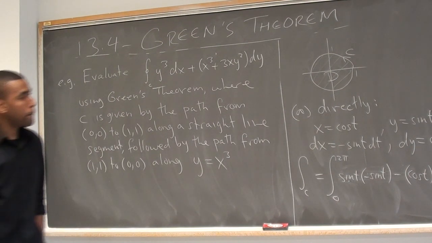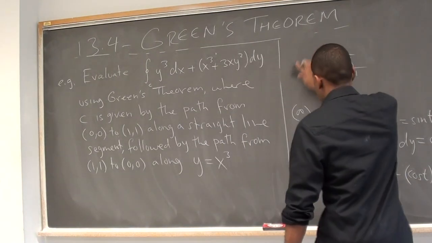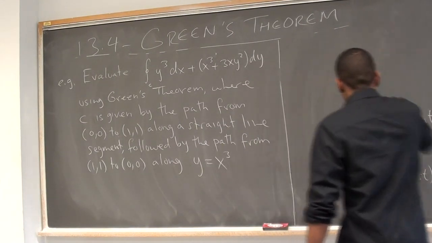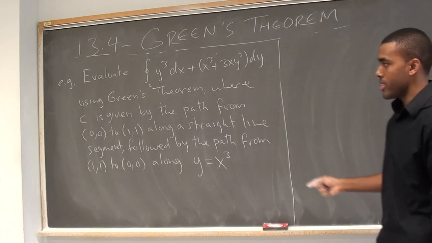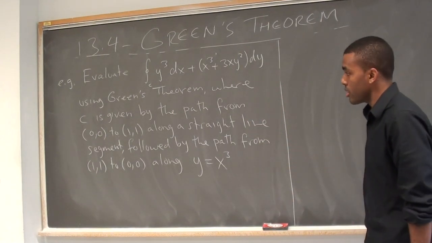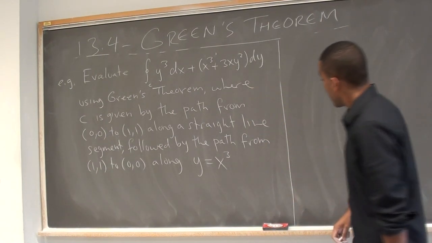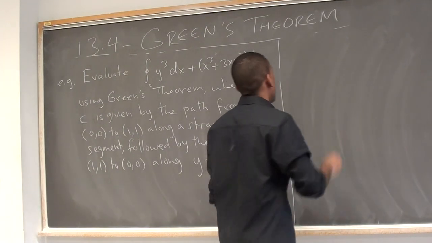That's the problem. So this is piecewise. It's a piecewise smooth curve, which means if we were doing it directly, you need to set up 2 equations and then plug it into that. Right?